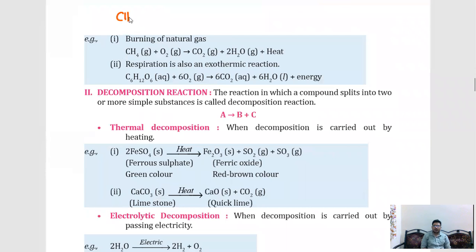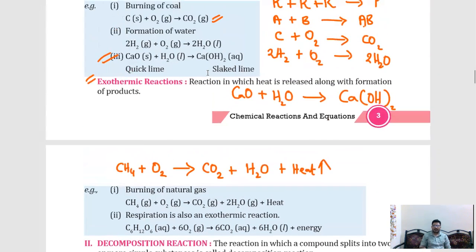When CH4 reacts with oxygen, it gives carbon dioxide plus water as products, and at the same time heat energy is released. If heat energy is released, such reactions are known as exothermic. So exothermic reactions are reactions in which heat is released along with the products.